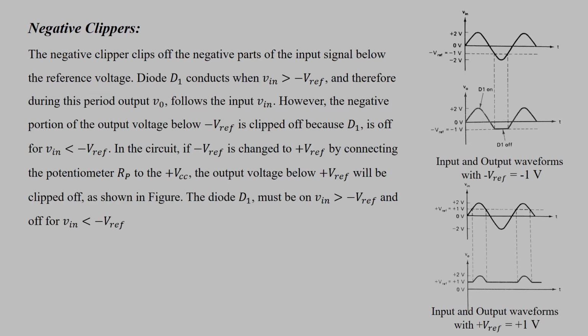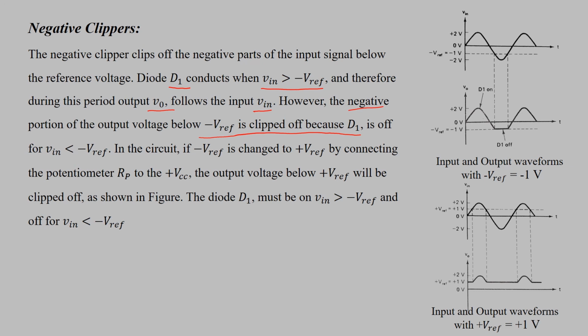The negative clipper clips off the negative part of the input signal below a reference voltage. When D1 conducts, that is, when Vi is greater than minus V reference, during this period the output follows the input because the diode is conducting in this range. However, during the negative portion, the output below minus V reference is clipped off because the diode is off.